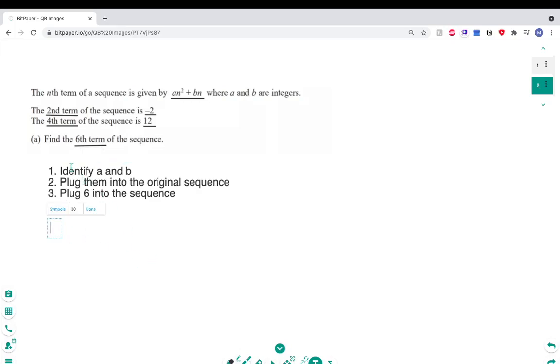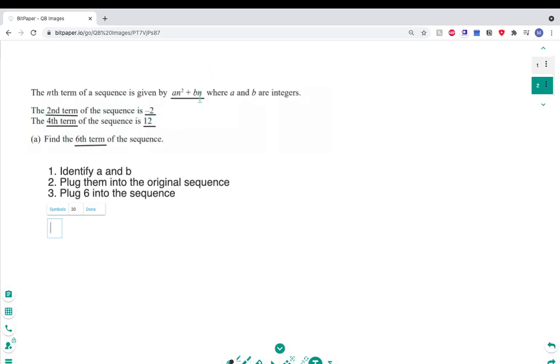So if we go with step 1, how do we actually identify what a and b are? Well, usually in any GCSE question, a very good rule of thumb is that they're usually going to require you to use all of the information in the stem. And so a good instinct that we can have here is that this information is probably going to be relevant. So it tells us the second term of the sequence is minus 2.